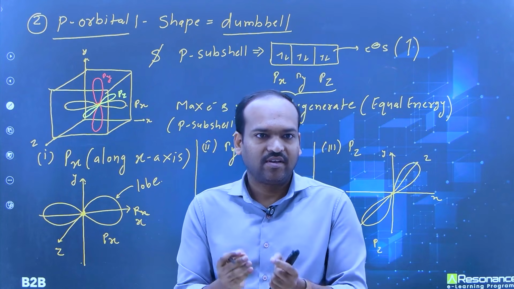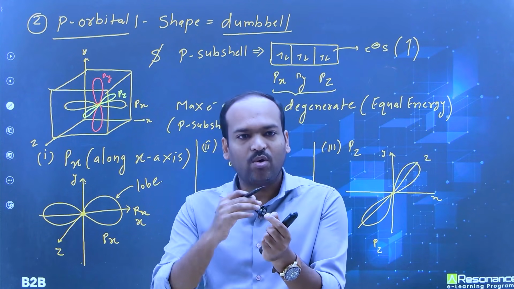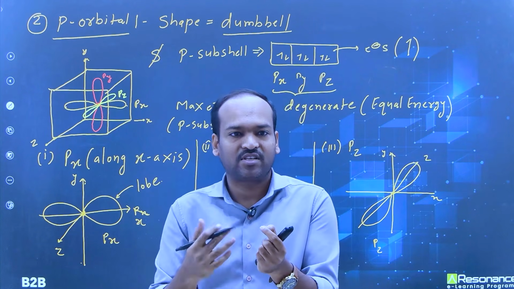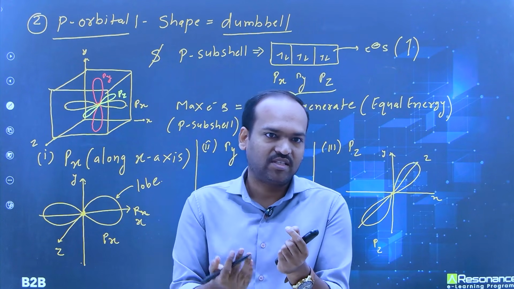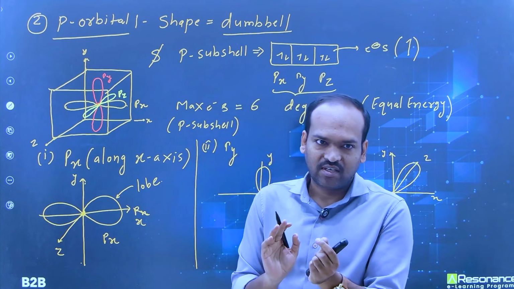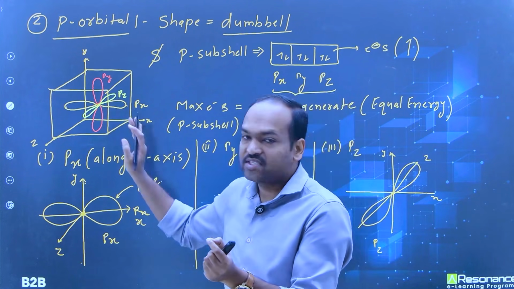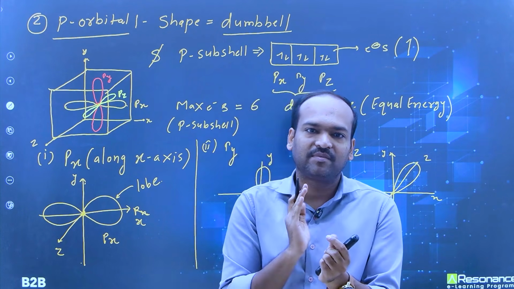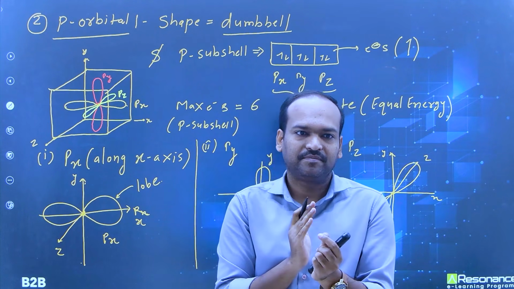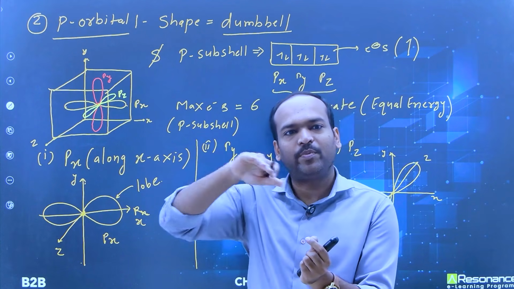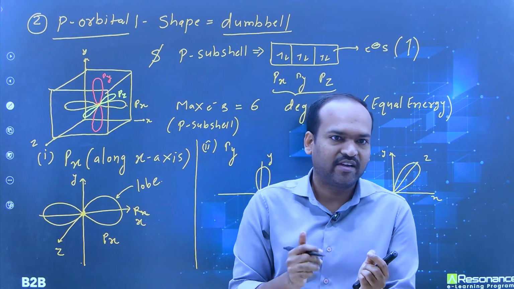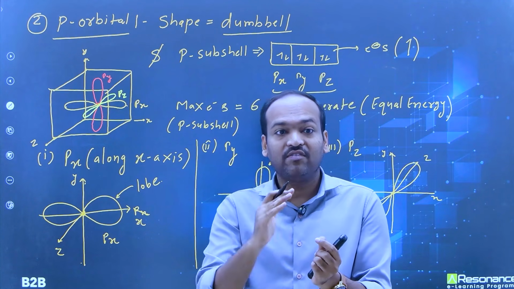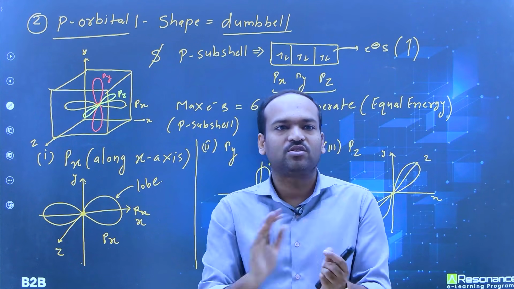Now if I am checking px, is there any electron density of px in the yz plane? No. So in the yz plane there is no electron density. This becomes our nodal plane.